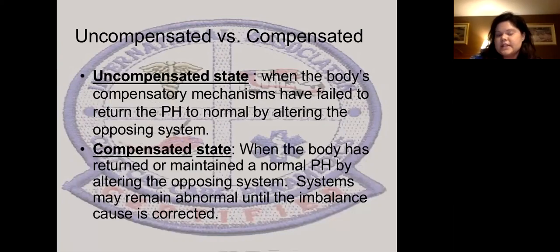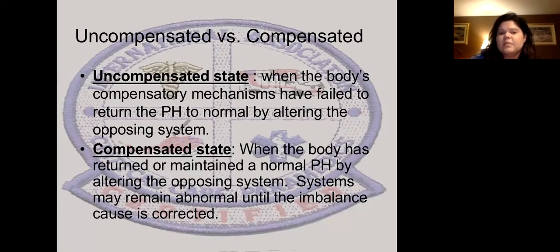So next you're going to decide if it's compensated or uncompensated. So that just means, say that there's something wrong with the direction of the acid-base imbalance. If the kidneys get involved, then it's going to be, is the body compensating for that, or are they trying to help with what's going on in the respiratory system, or vice versa?